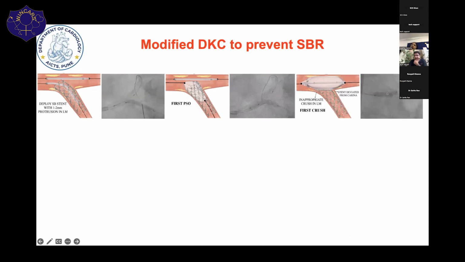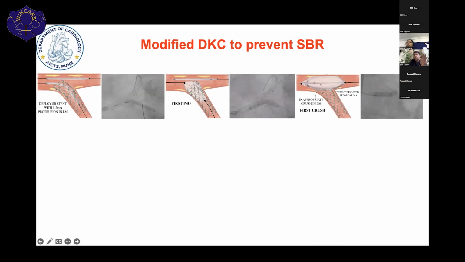The first crush is done by the balloon that is as per the distal reference diameter of the main branch. As you know, this balloon is as per the distal reference diameter of the main branch, and the left main is bigger. So your LAD is 3.5 or 3 and your left main is 5. So you know that this part of the stent will not be appropriately crushed at the left main.